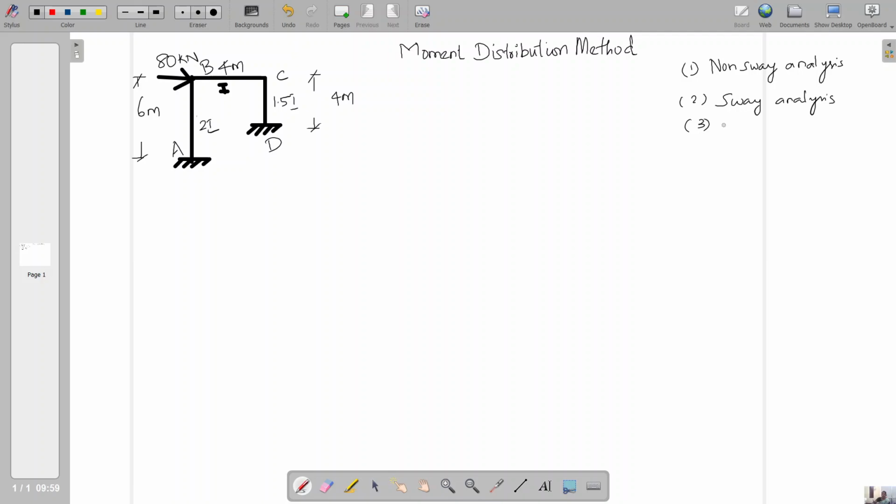Third one, H calculation, that is horizontal reaction calculation in non-sway condition. Fourth one, H dash calculation, that is sway horizontal reaction in sway analysis.